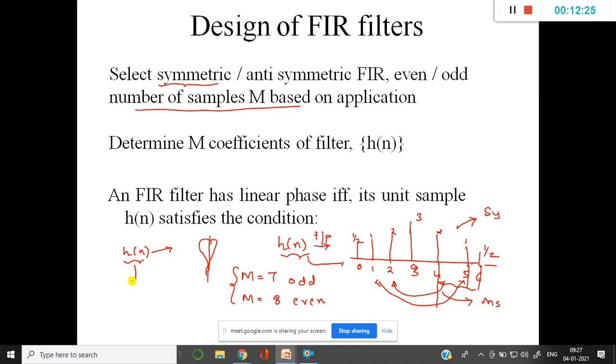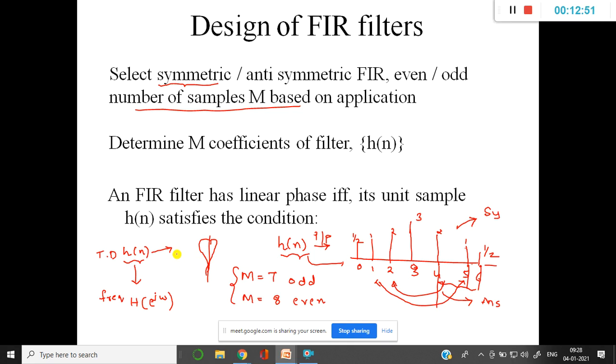In all these conditions, how does my response behave, that is, h of e to the power of j omega, the response in the frequency domain? In the time domain, my signal will be either symmetric or antisymmetric, and again, with respect to symmetric and antisymmetric, may be even or odd.